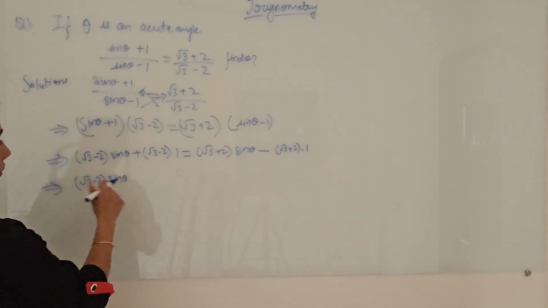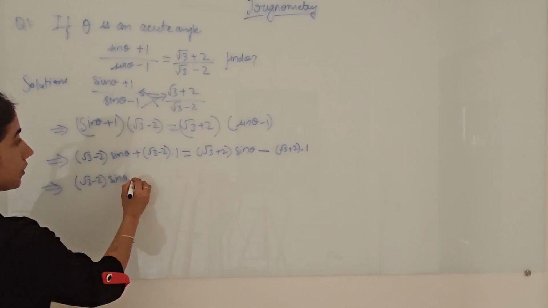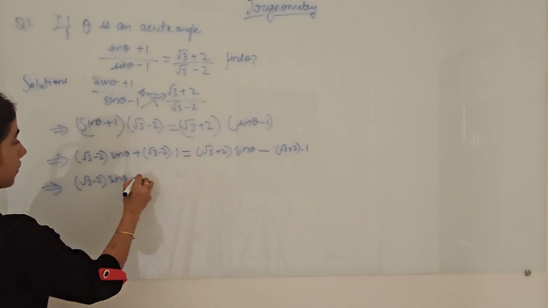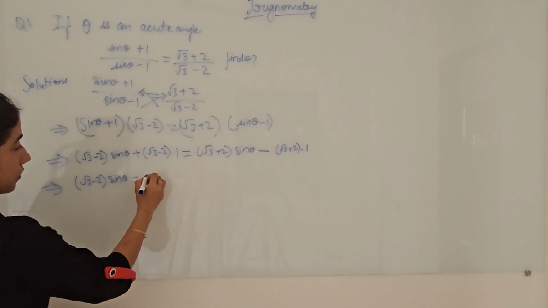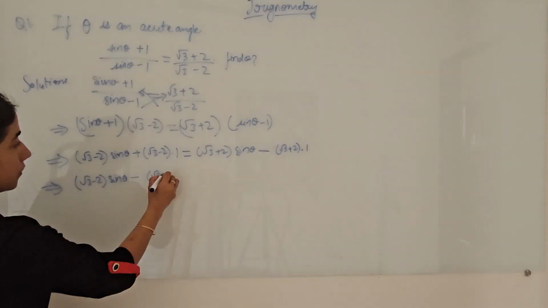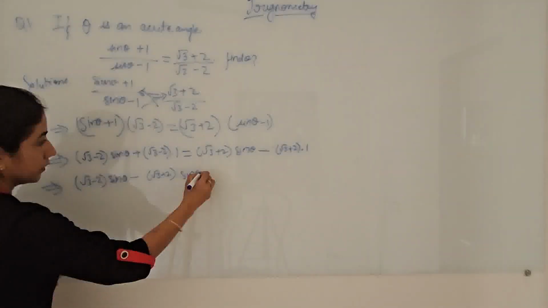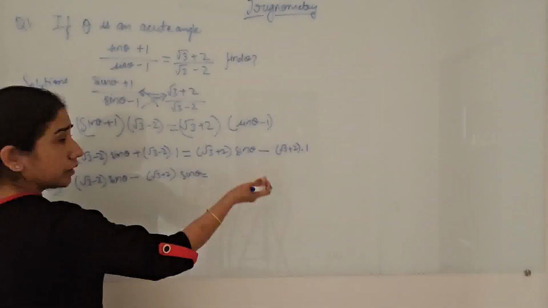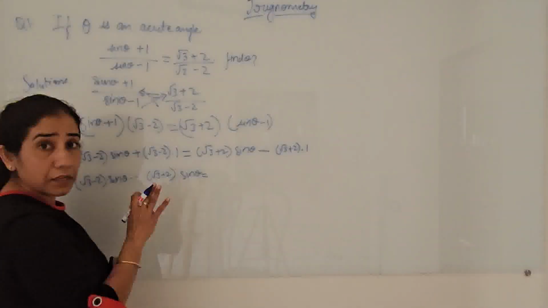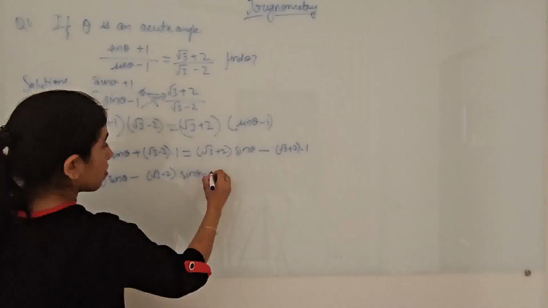Just keep this thing in mind. (Root 3 minus 2) sin theta, bringing this (root 3 plus 2) sin theta to the LHS part, taking the constant terms of the LHS onto the RHS.